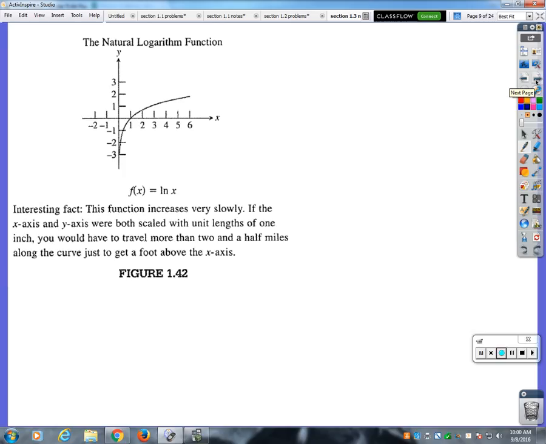If you remember inverses, if I could superimpose that last graph onto this one, they are reflections of each other across the line y equals x. This is my favorite interesting fact of all. This is why I get excited about this day. It just blows me away. It says this function increases very slowly.